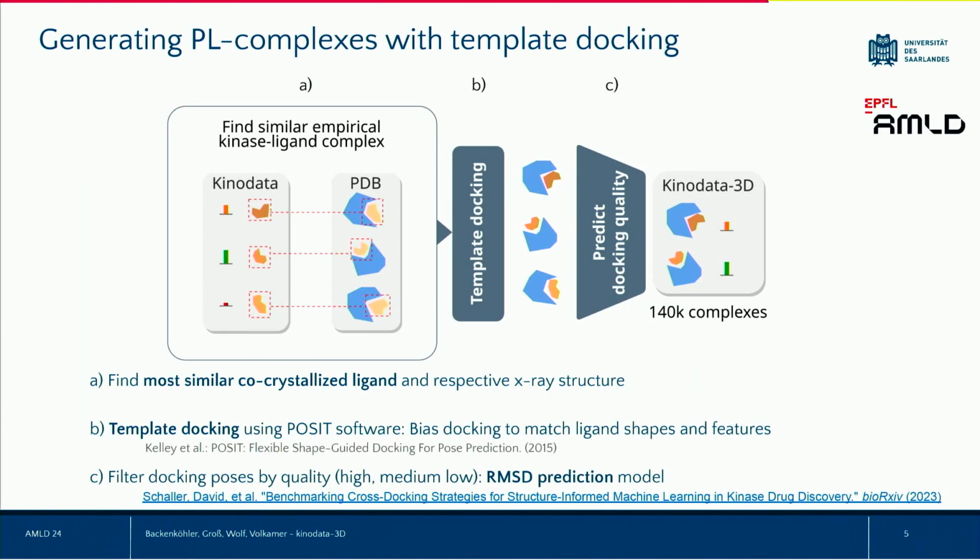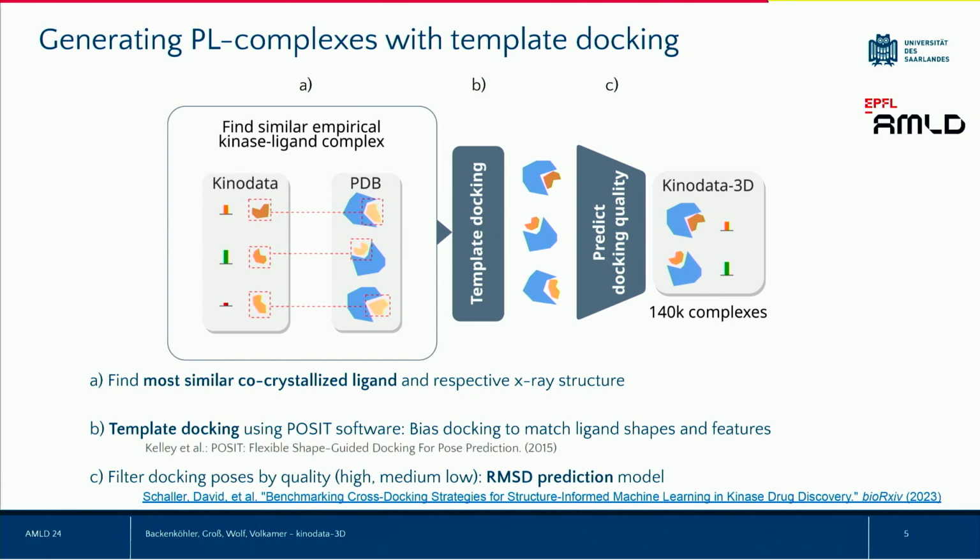So now let's look at the first step, the creation of the data set. We start out with the activity data we have, which is basically just saying, here you get an activity for some given molecule and a kinase. Then we do a templating process, looking through all the available complexes we have and choosing one that has a very similar ligand.